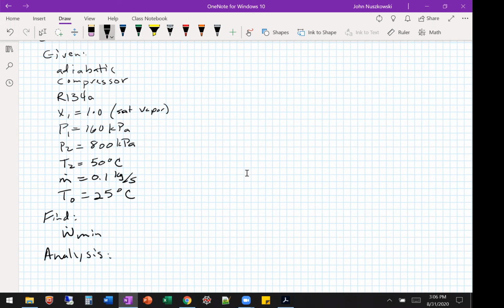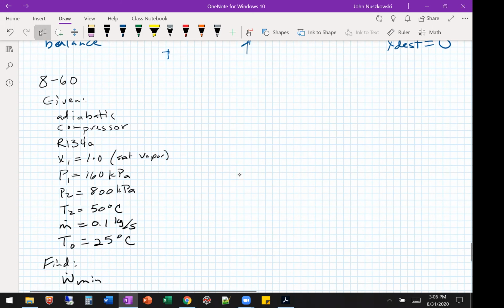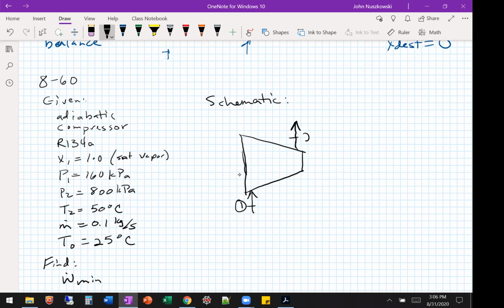All right, so then our schematic. The inlet of 1, where the volume shrinks down. We have our outlet.